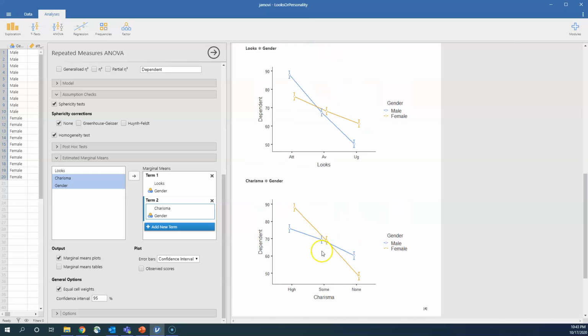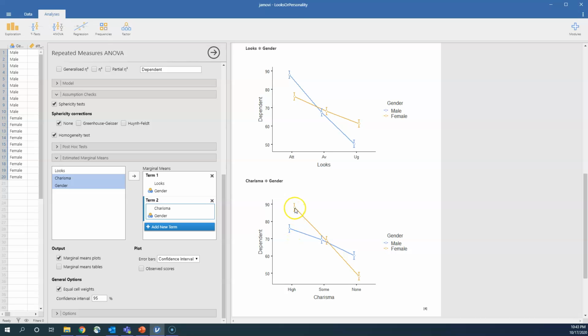So this charisma by gender graph is suggesting that females are, in this situation, responding kind of the opposite as the males did up here. So females are caring a lot more about charisma than males are.